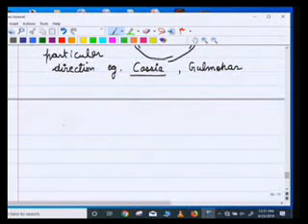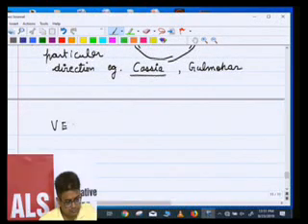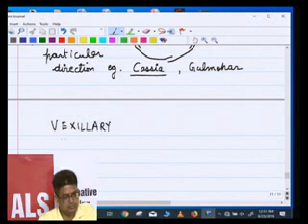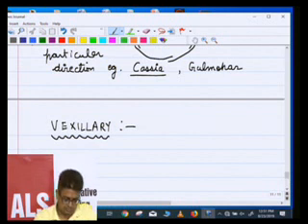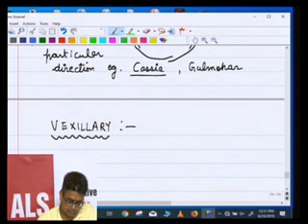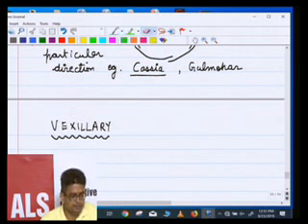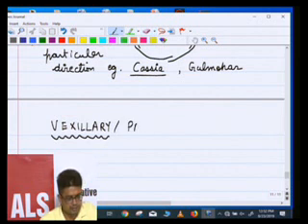Vexillary estivation is also called papilionaceous estivation, or another name is papilionaceous corolla.